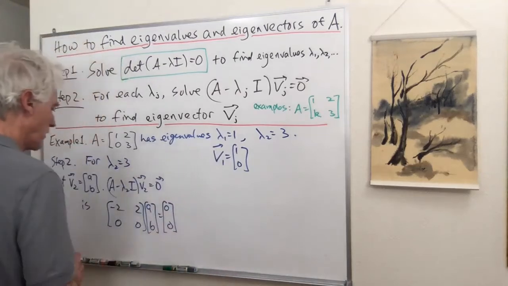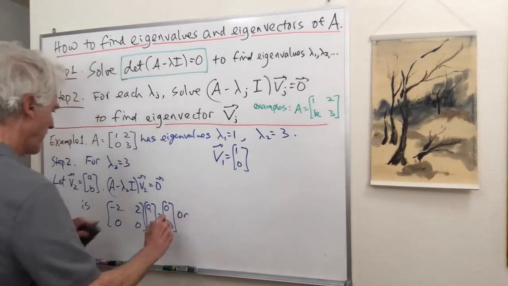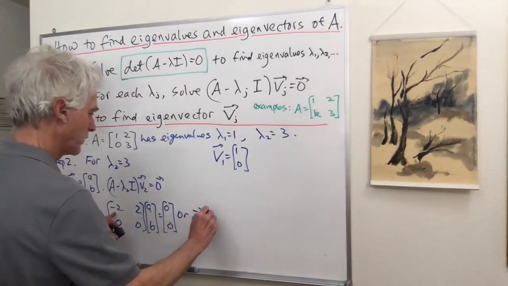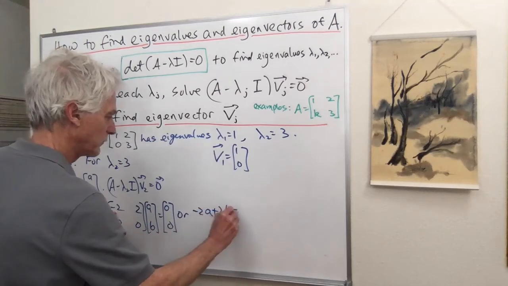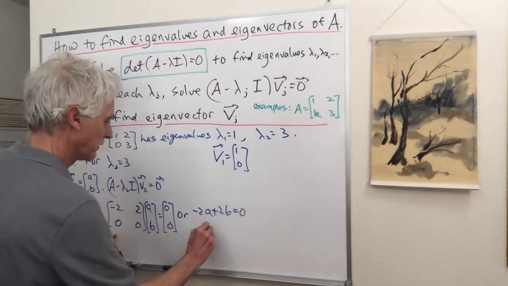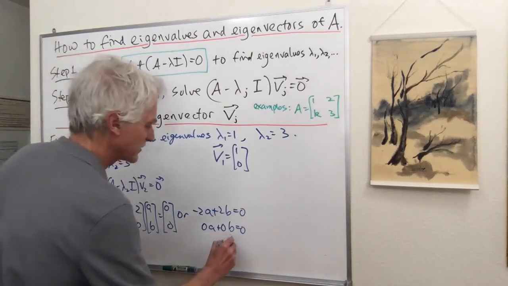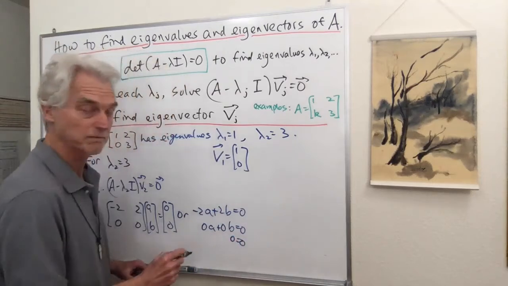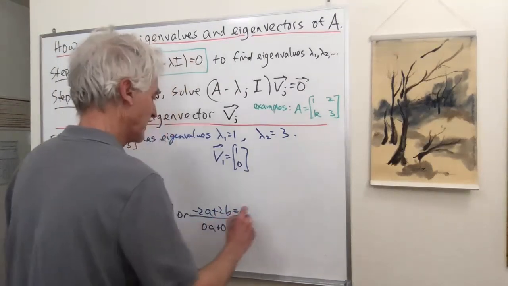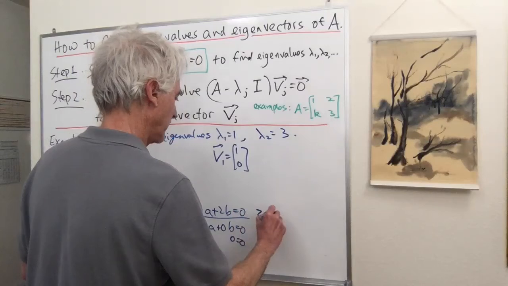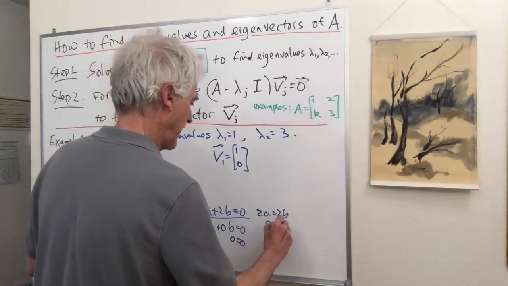Those two equations are negative 2a plus 2b equals 0, and 0 times a plus 0 times b equals 0. Well, that's just 0 equals 0. That tells us nothing. But this one says that 2a equals 2b, or better yet, a is b.